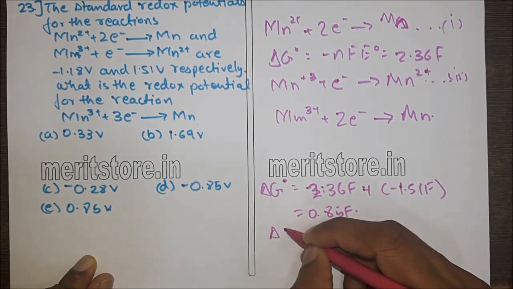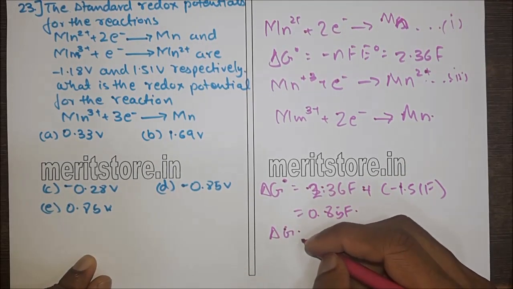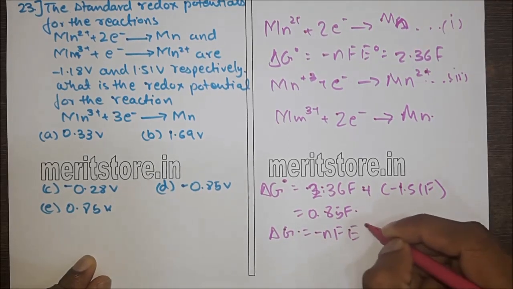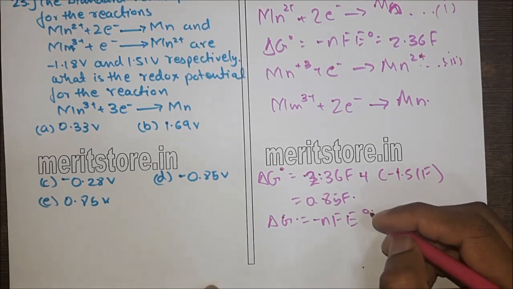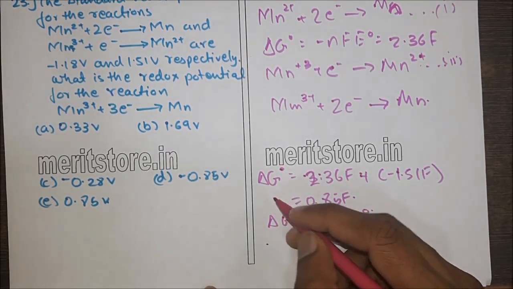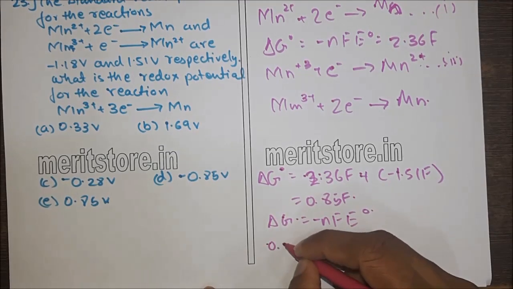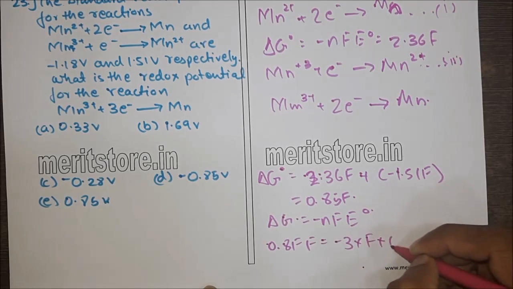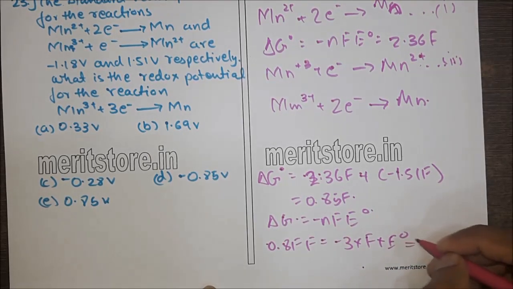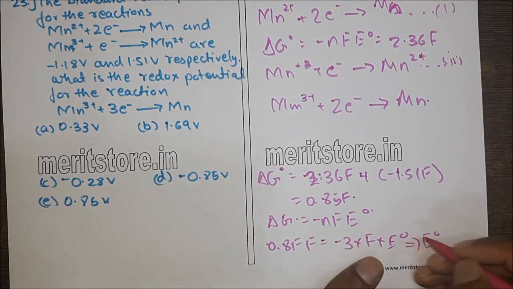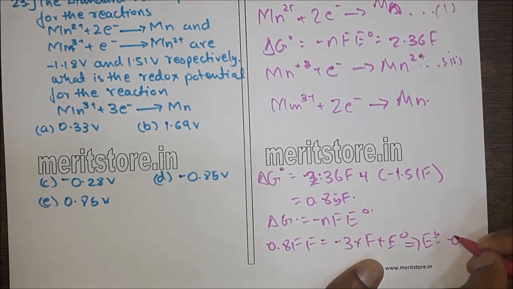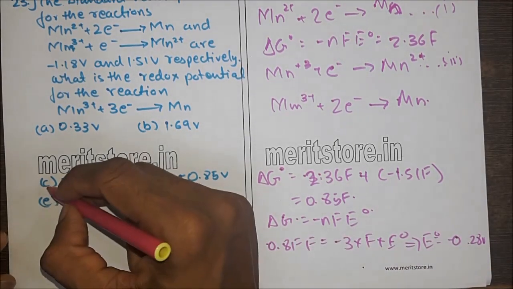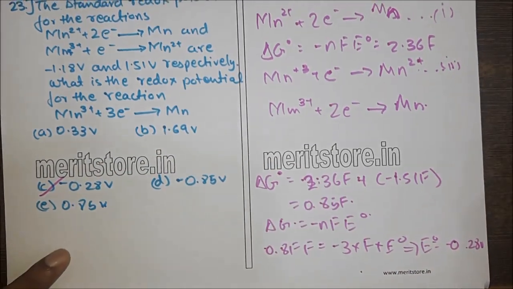So we get delta G equal to minus n F E cell. Solving this, we substitute the value of delta G, which we got as 0.85 farad, equal to minus 3 into F into E0. Therefore, we get standard potential E0 as minus 0.28 volt, which matches option C. Therefore, option C is the correct answer.